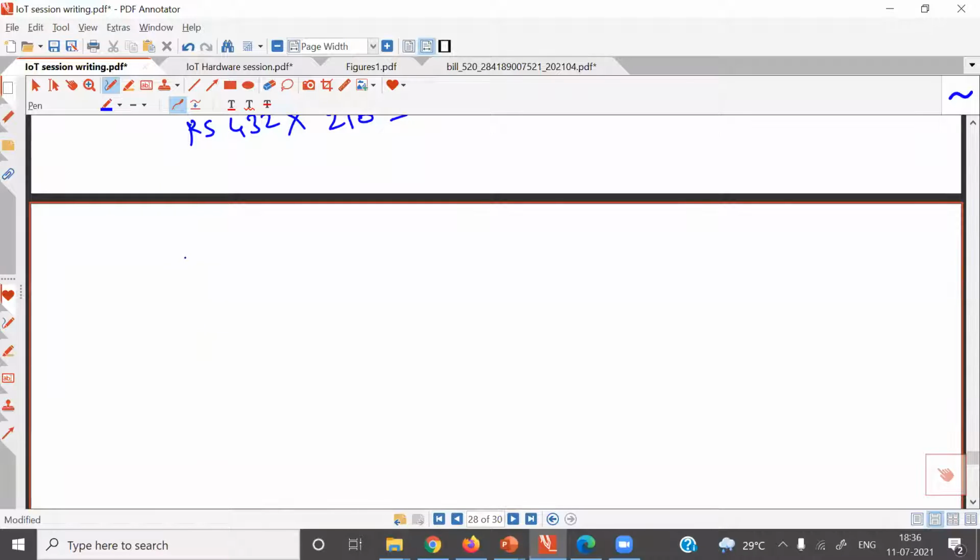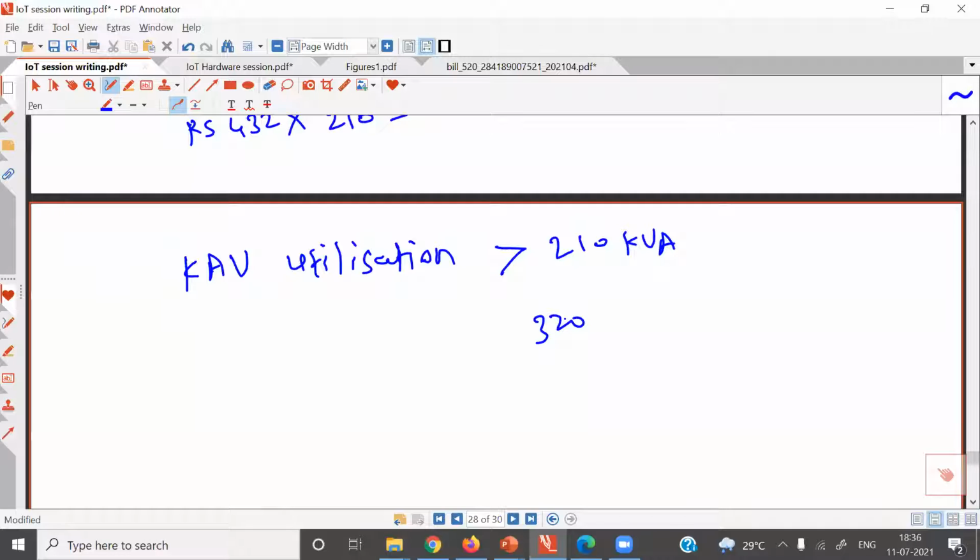Now suppose your kVA utilization exceeds 210 kVA, and if it becomes, for example, 320 kVA for 20 minutes, then penalty is not imposed.